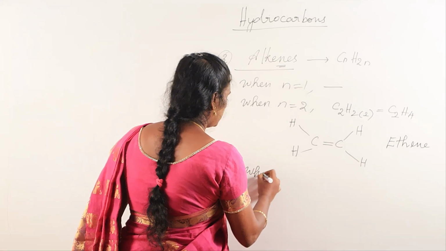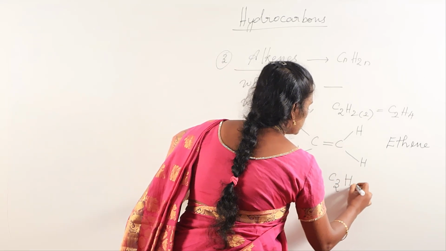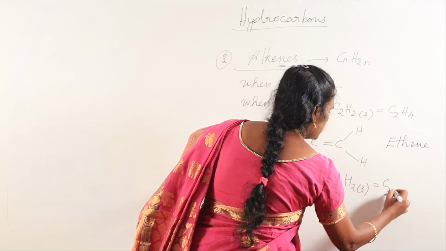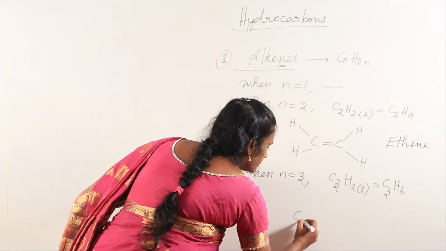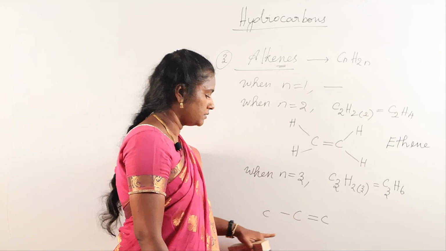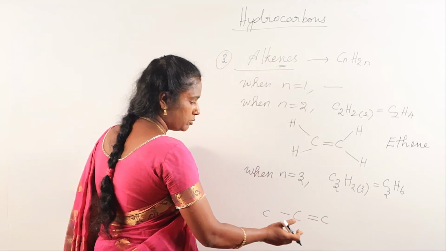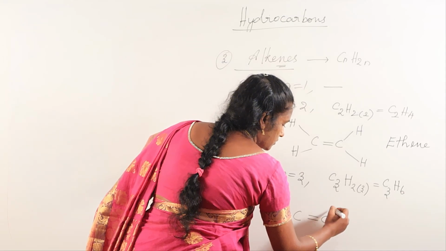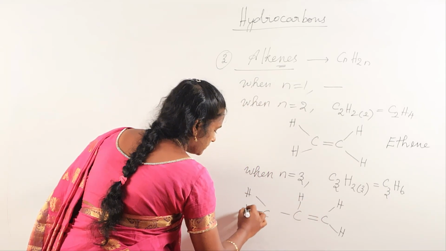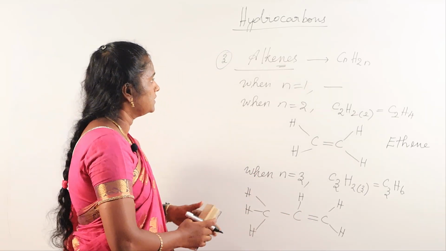And when n is equal to 3, we get C3H(2×3), so C3H6. We have the structure for C3: 3 carbons in a linear structure, and either this position or this position has the double bond. Both are the same structure. So we get this kind of structure, C3H6. This is alkenes.